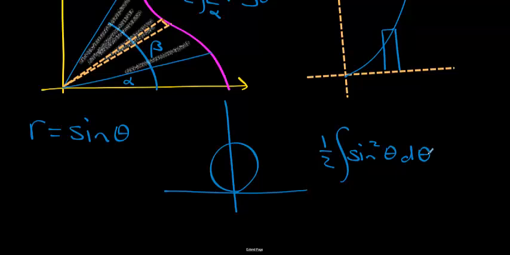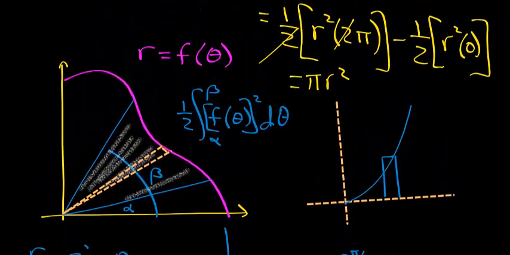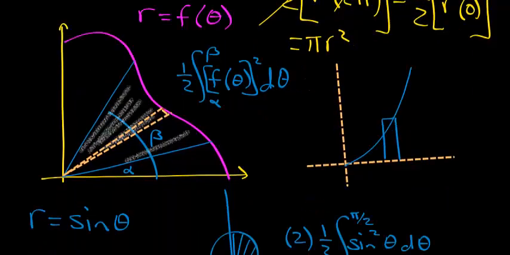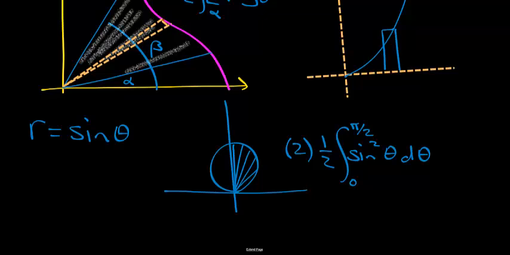I could do that. But maybe I would rather go from 0 to pi over 2 and just double my result, right? Because there's symmetry there. In other words, I'll get this part here and then just double it. Okay, any questions? Now, this is how we set up. Notice we always have the starting point of 1/2 r squared, and we have to establish our bounds of integration.